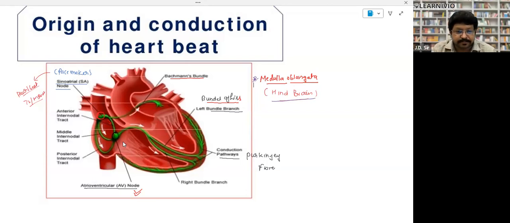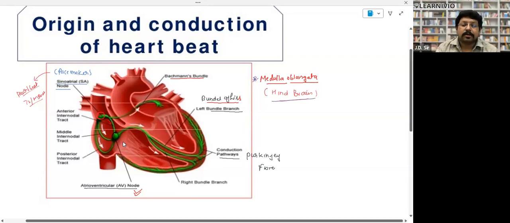Next point. Bundle of His divides into two branches. Full stop.